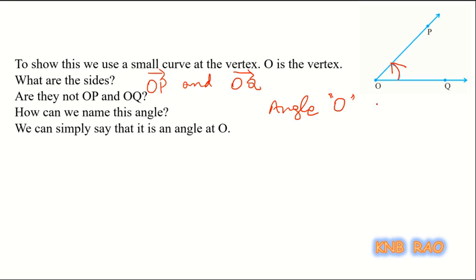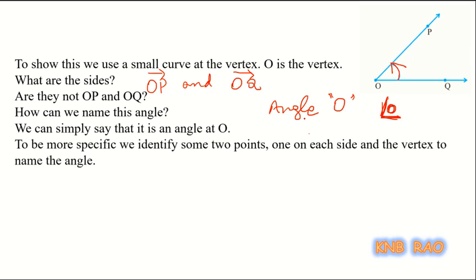Normally, to show this angle O, they will draw an angle figure and only place the vertex. But to be specific, we will use three letter notation. What is that? Let me show you. Normally we draw like this.